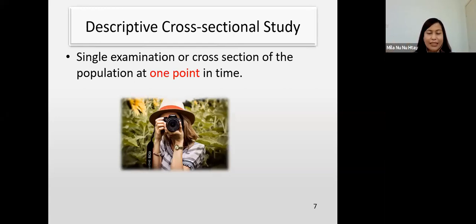So similar to that photo, we usually say that conducting a cross-sectional study is like taking a photograph, because you can capture the information at one time point. You may capture the outcome information, and you may capture the other exposure factors at one time point. So we usually say that conducting a cross-sectional study is like taking a snapshot of the defined population.